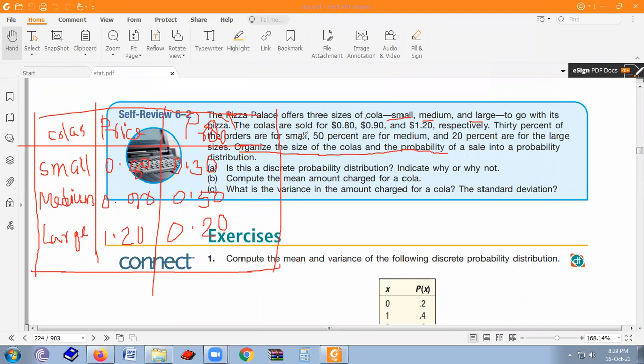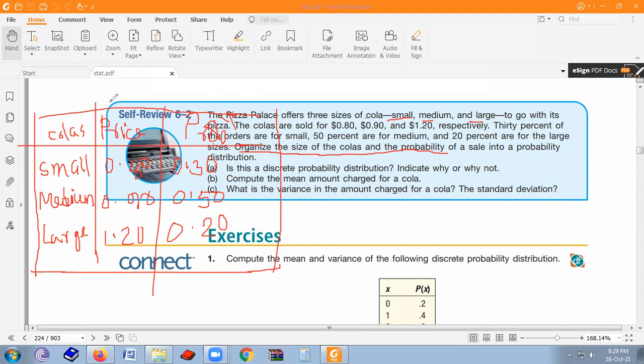So can someone tell me, is this a discrete probability distribution or a continuous probability distribution?